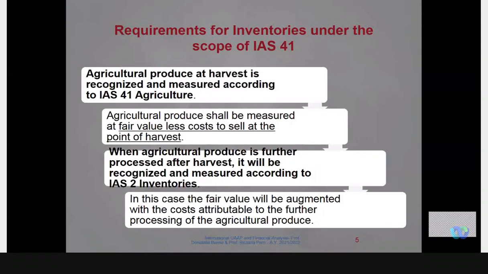How can we measure what we spend to grow crops in a field? That is why the standard requires the agricultural produce to be measured at fair value, less the costs that I need to spend in order to sell this agricultural produce.